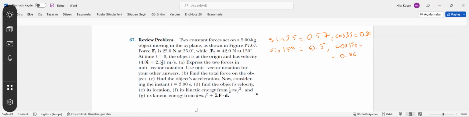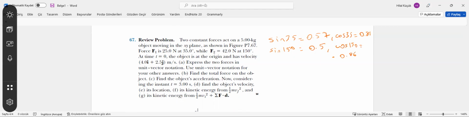Okay, I will help you with a small part, because you already know how to find velocity and also position. You must look at chapter 3 or 4.